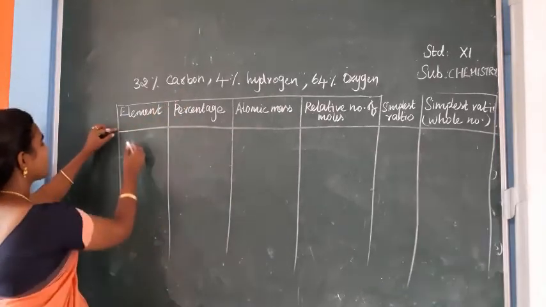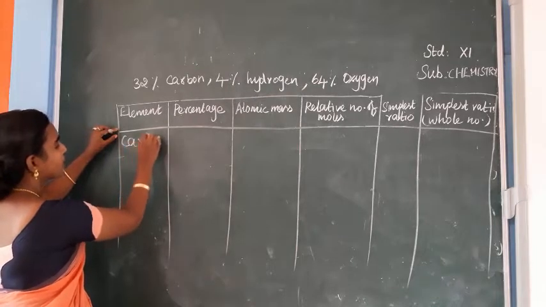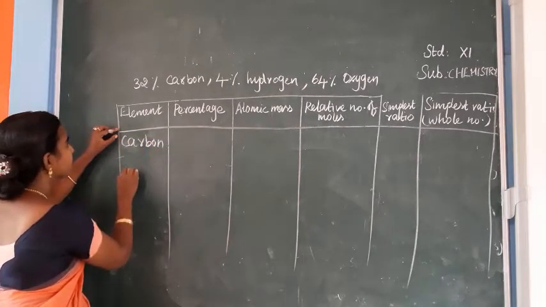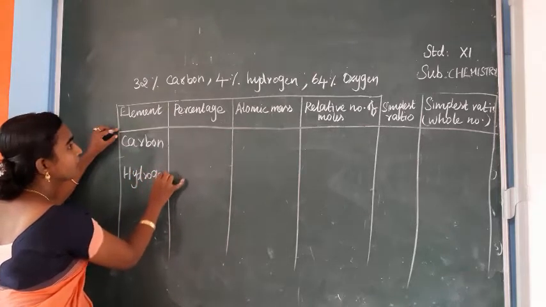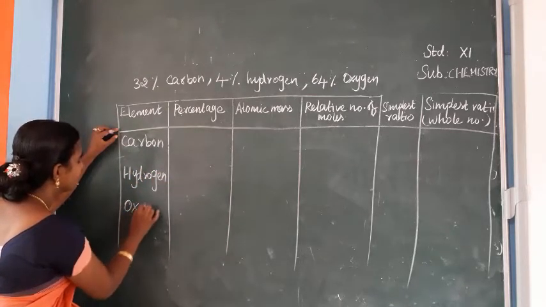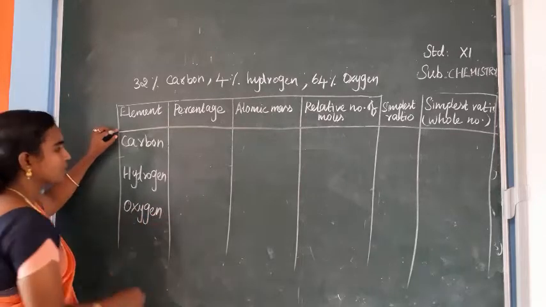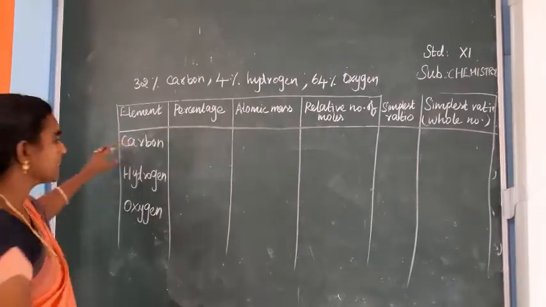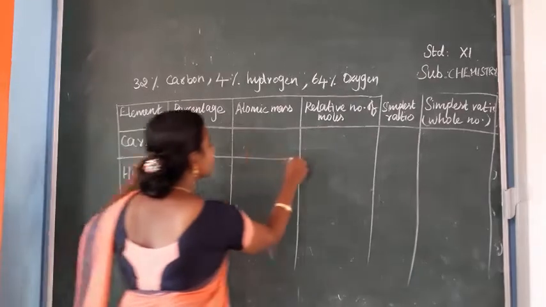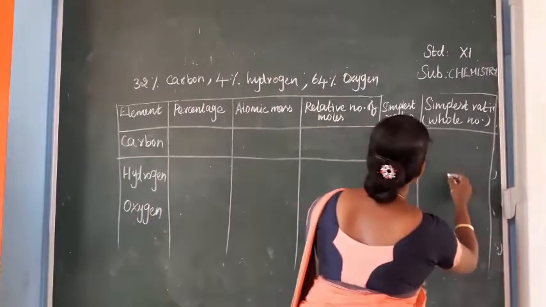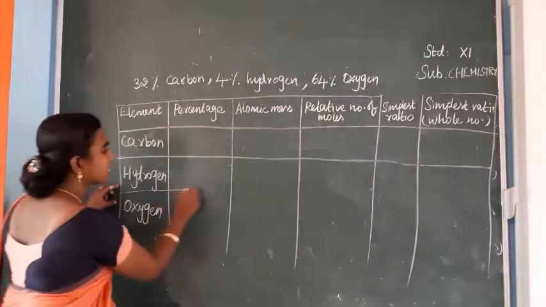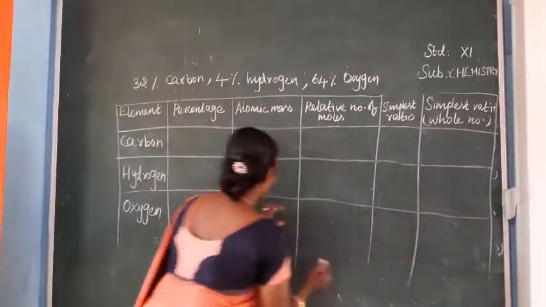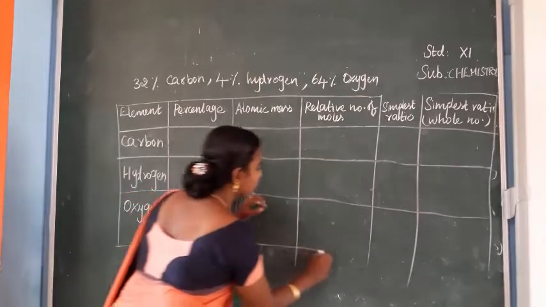So first one, carbon. 3 elements, isn't it? That is carbon, hydrogen and oxygen.